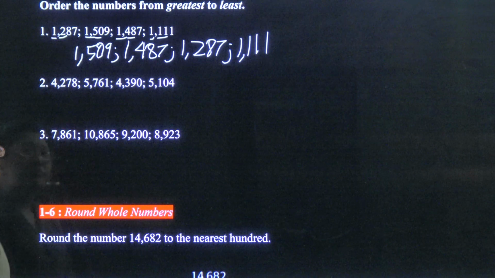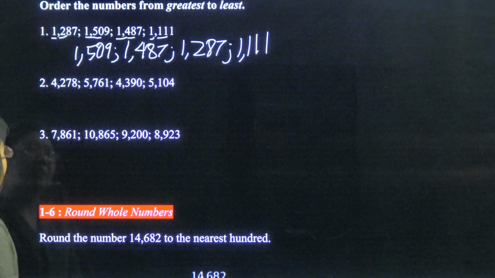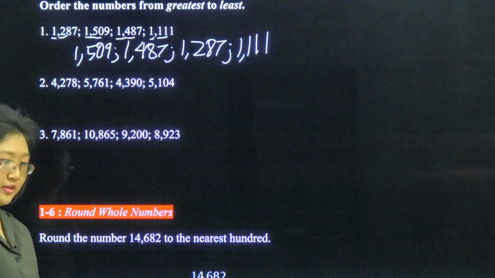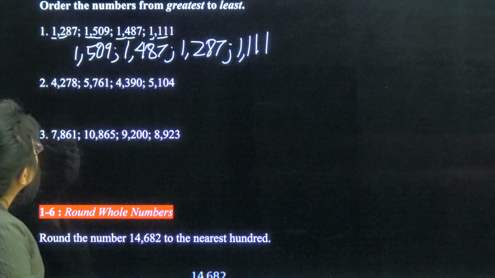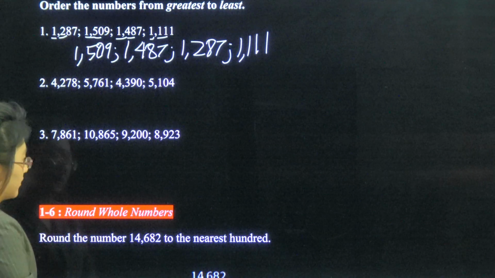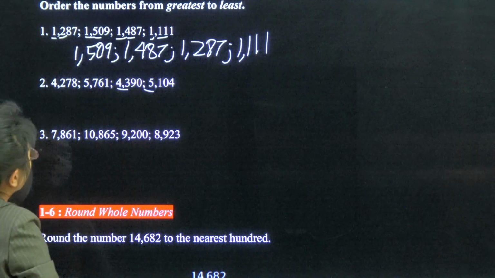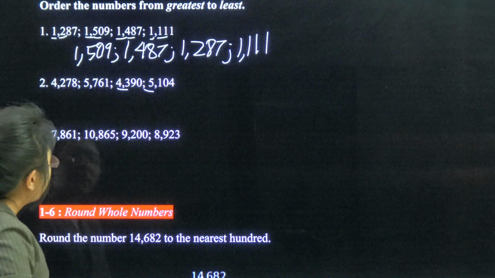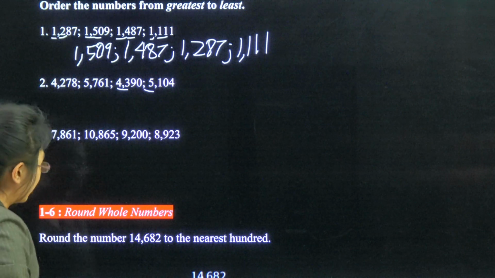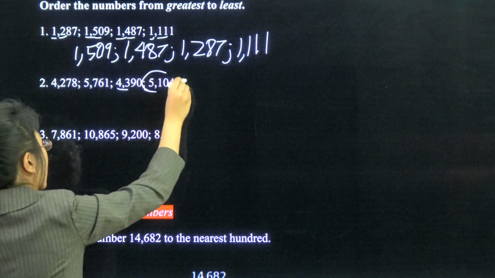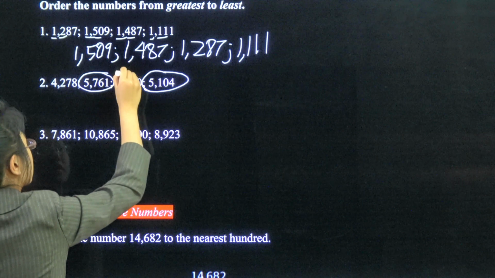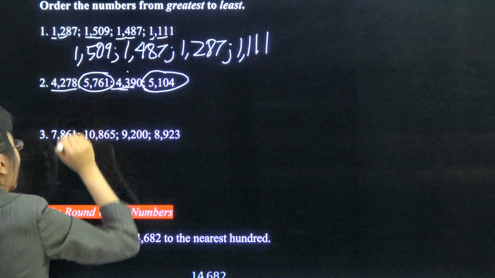Same goes over here, except we realize that, well, there's 2 different values for the thousands place, or the leftmost digit. 4 and 5. So from 4 and 5, we know that 5 is bigger than 4, so these 2 are the greater 2, and these 2 are the not as great 2.